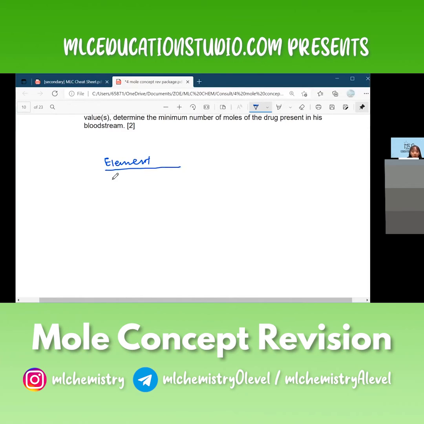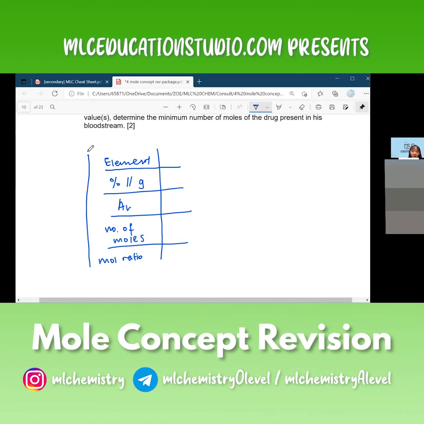Then after that, write the percentage or the mass, the AR of the element, number of moles by dividing the percentage or the mass with AR, and find mole ratio. Okay, this table is very important. Every time they ask for empirical formula, this is the table that you're gonna look for.